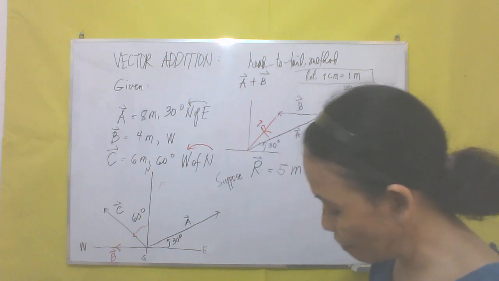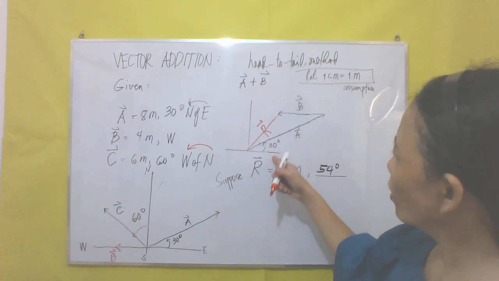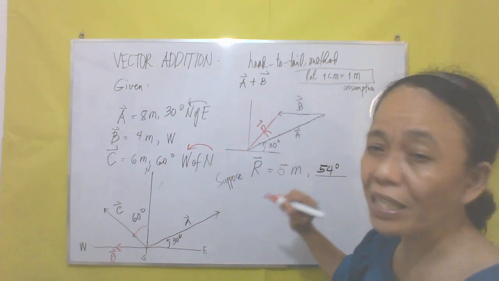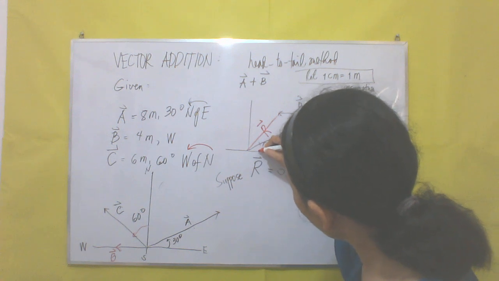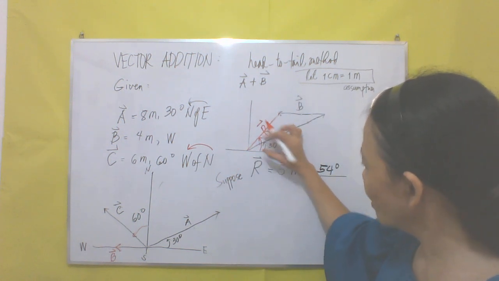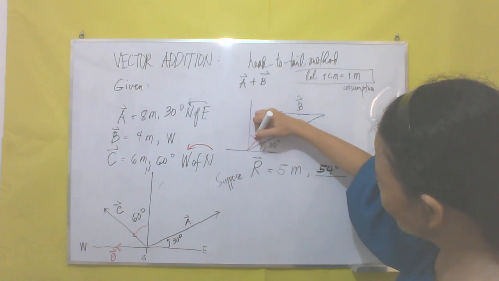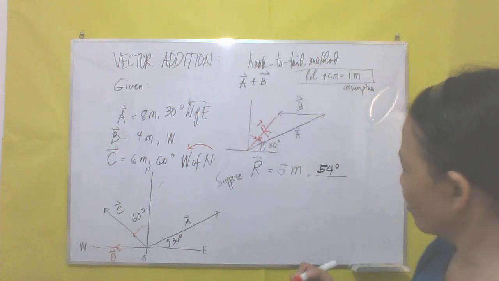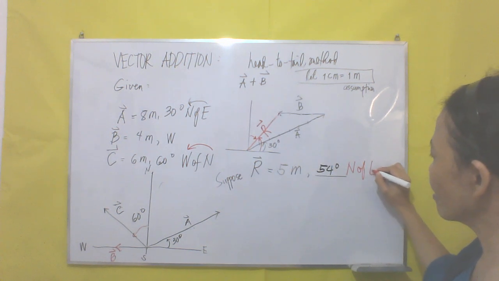From here our reference angle is from north to east, so that is north of east. Supposing this, the red one, is 54 degrees. So what is the angle here? 54 degrees north of east.